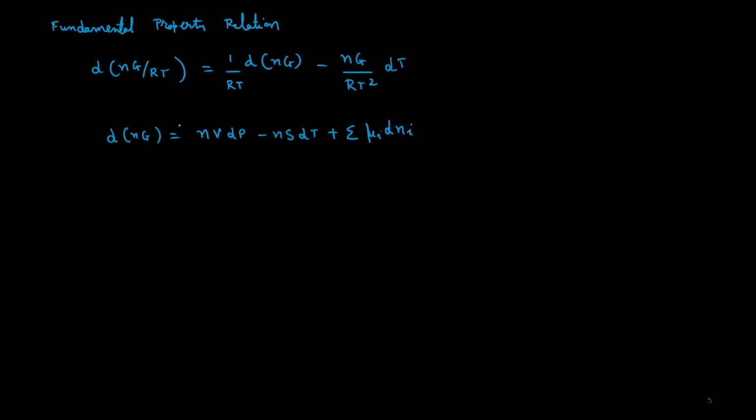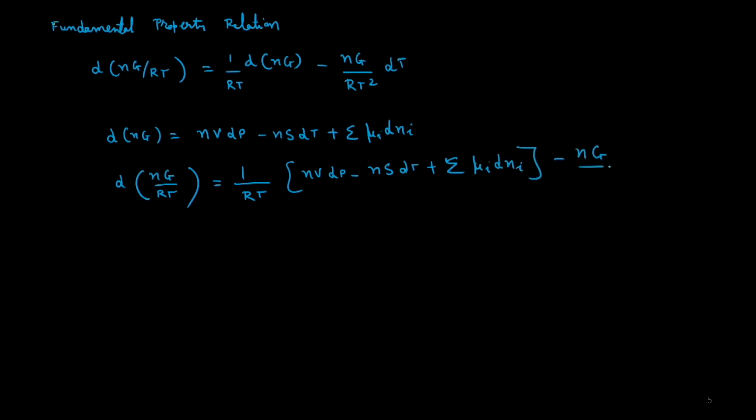What I'll do is I'll use this relation in the first equation so that I get d of nG over RT is going to be 1 over RT, nV dP minus nS dT plus sigma over i mu i dNi, minus nG by RT square dT is the last term.